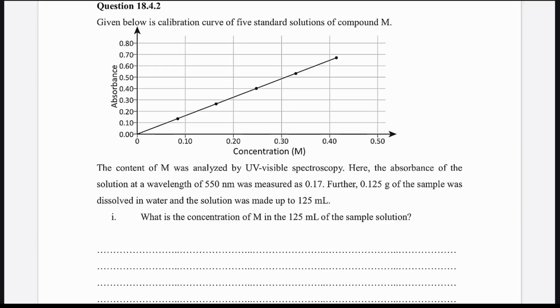So you take that from the curve. That means the related concentration is 0.1 M.